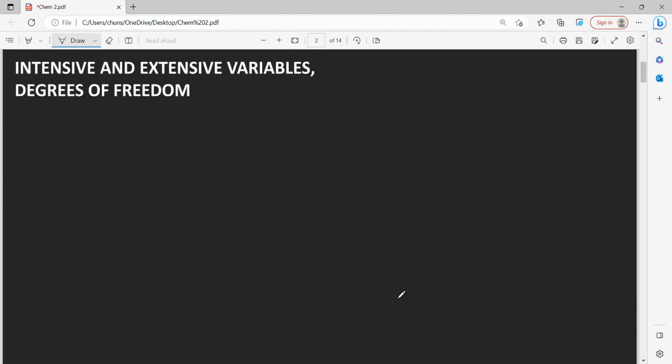Okay, so building off of that slide, let's talk about intensive and extensive variables. So the definition for intensive variables, they are variables of a system that are independent of size.